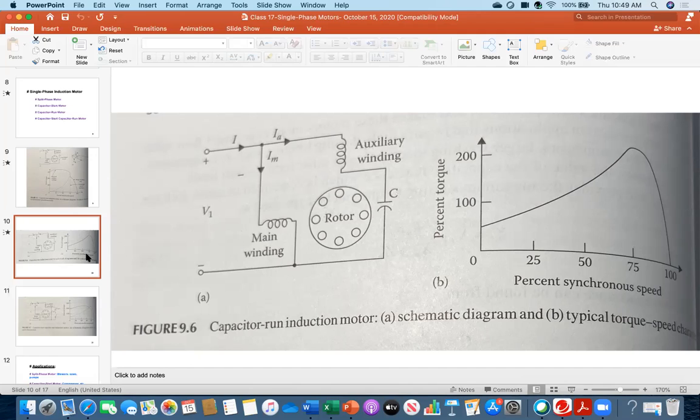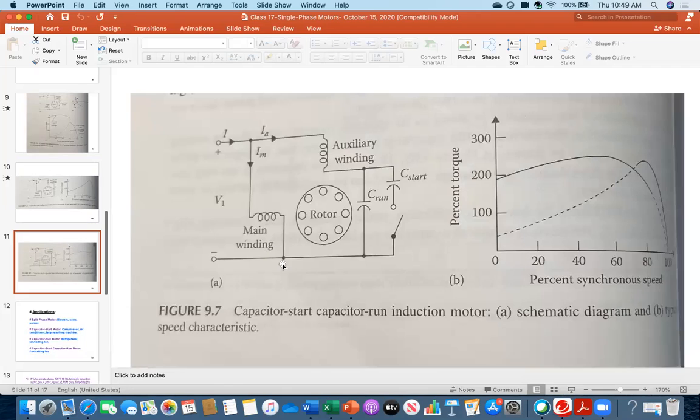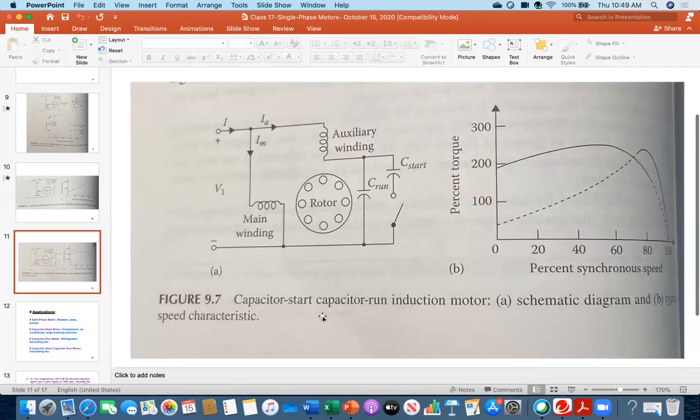And then the other category, as I was telling you, is called capacitor restart, capacitor run motor. There are other types of ceiling fan where there are two capacitors with the auxiliary winding. One is called C run, which is permanently connected. The other, with the switch, is C start.